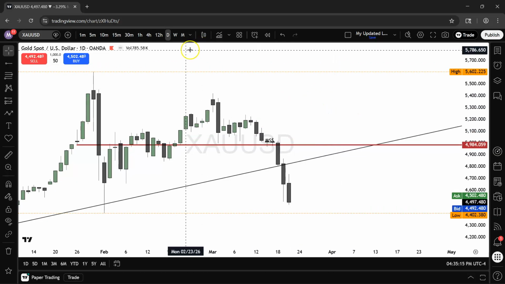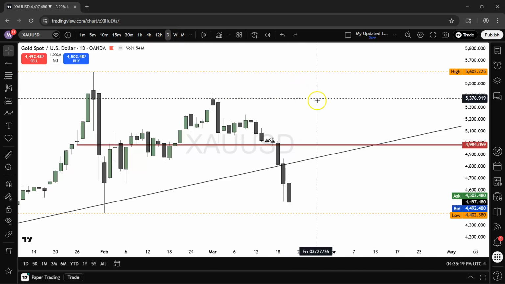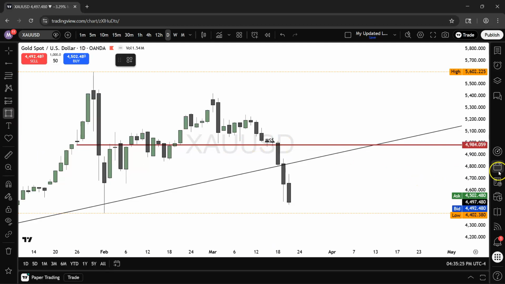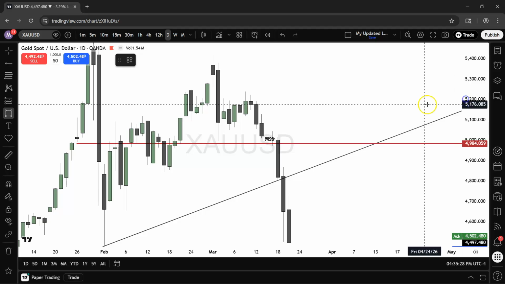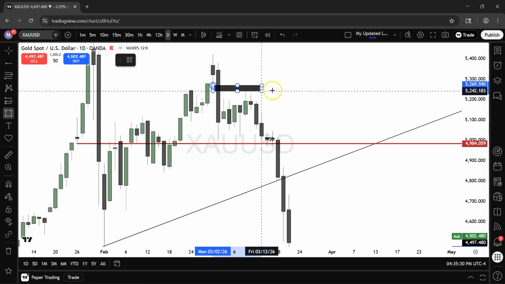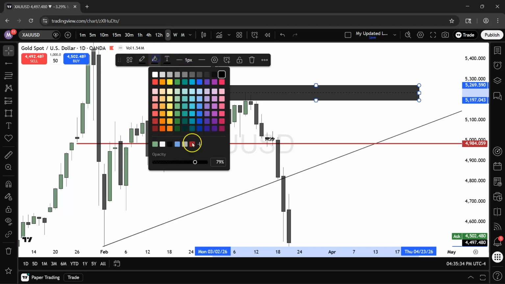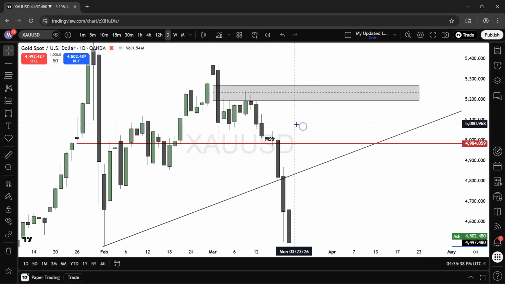Okay, you could do fair value gap markup on the 4-hour or the daily. So let's just do it on the daily. Let's mark up our fair value gaps, and got to open it up to take a look. And you see one right here. Make this a little more visible.